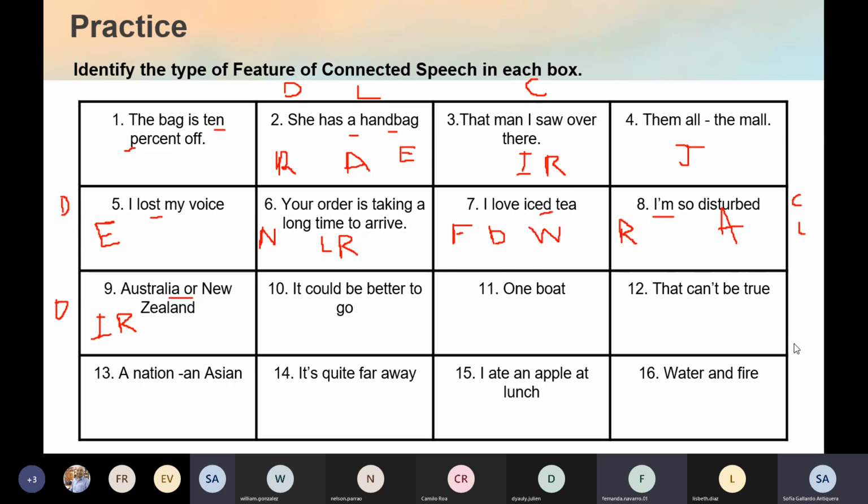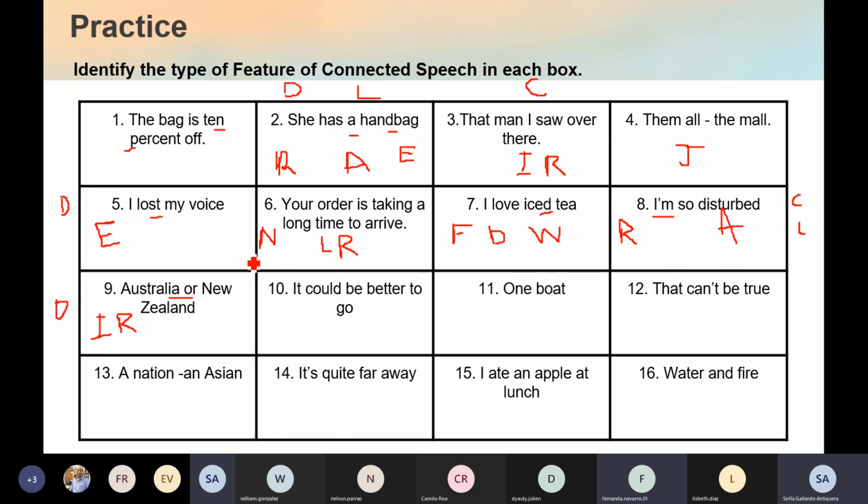Any ideas? I think there's something happening in the beginning. Okay, what do you think that could be? Maybe an elision, but I'm not sure. So elision is when we erase or delete some sounds. It could be better to go. It could be better to go. So is there any elision in it?